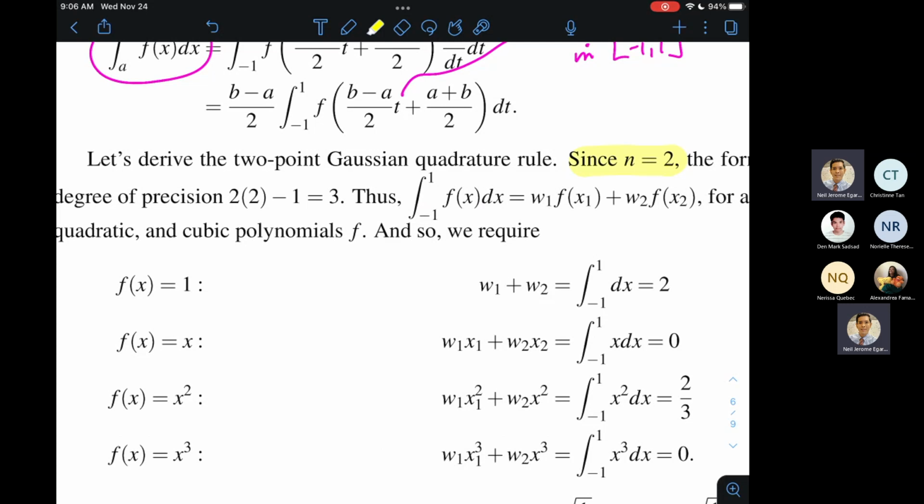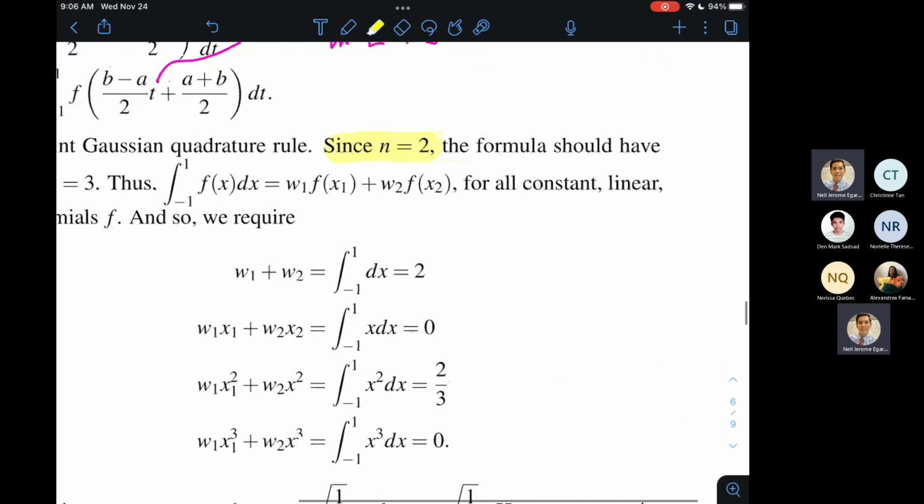So meron tayong 4x4 system. And then since we are using 2 points, we expect to get a quadrature formula of degree of precision 2 times 2 minus 1, or 3. Meaning it should be able to give us the integral of 1, x, x squared, and x cubed exactly. So mula dun sa statements na yon, makukuha natin yung apat na equation para dun sa system.